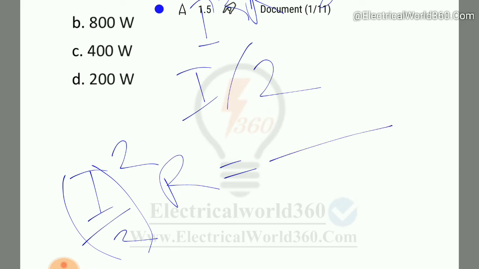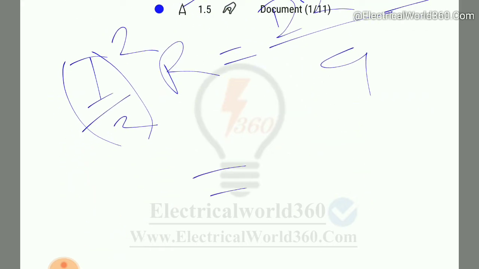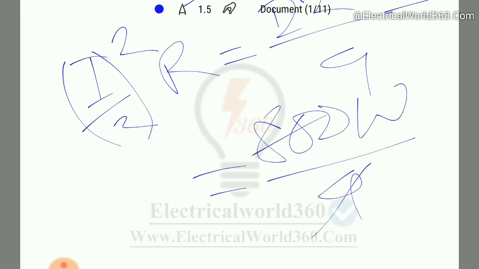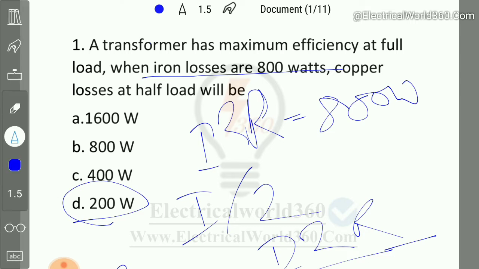So we can write it this way, I square R by 4. As we know, I square R means 800 watts, divided by 4. So the answer will be 200 watts. So you can see here the option number D is the right answer.